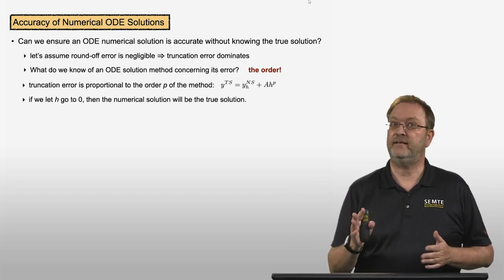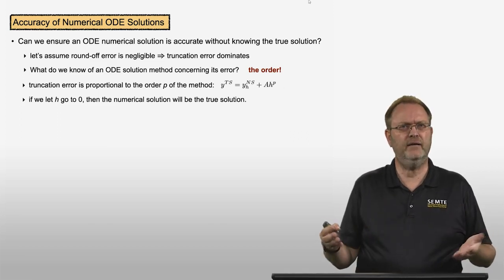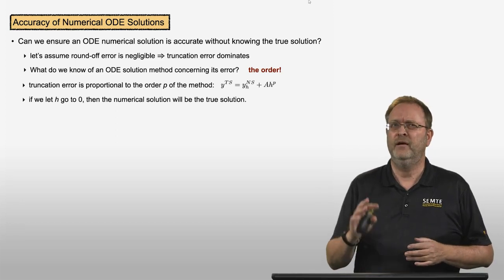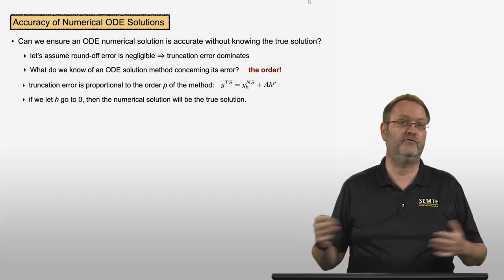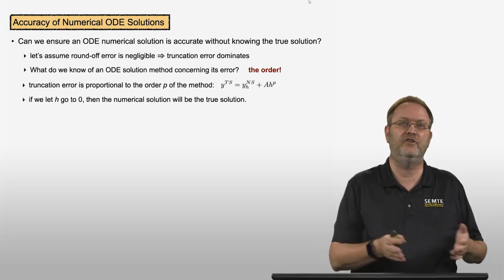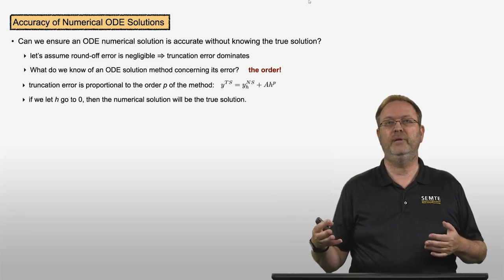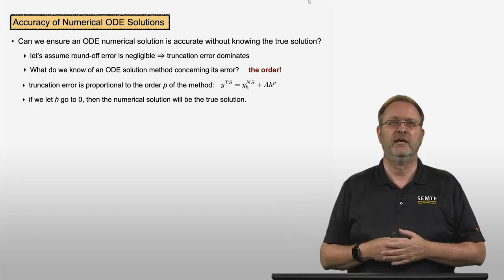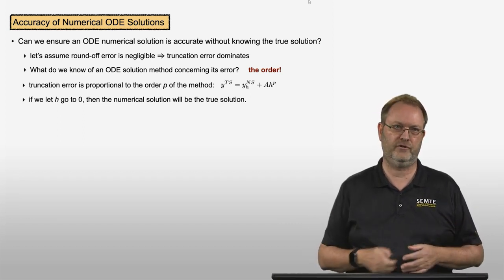Now, if we let the step size h go to 0, then the numerical solution will be the true solution. And remember, I discarded any round-off errors. In reality, of course, if we really could let h go to 0, then at some point our solution will be dominated by round-off errors instead of truncation errors, and we will actually not recover the true solution, unfortunately.